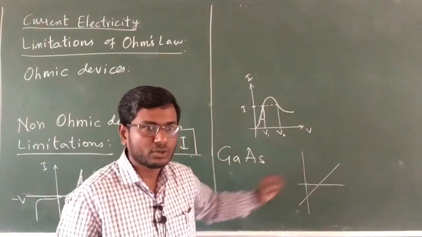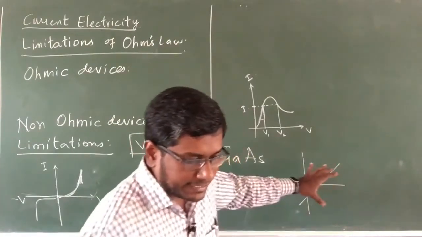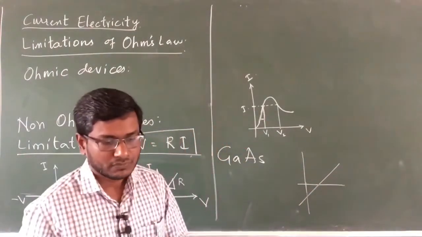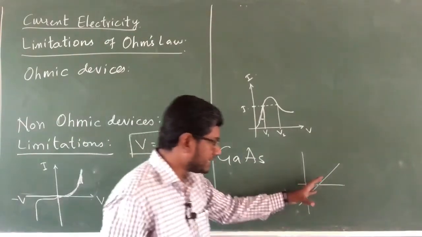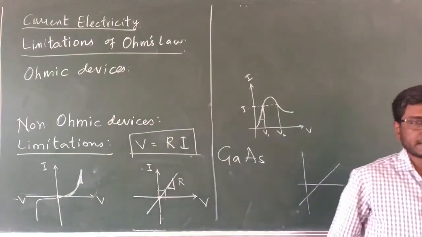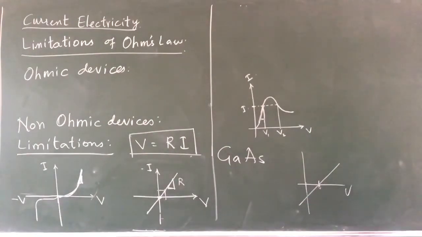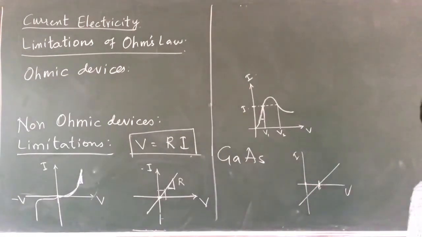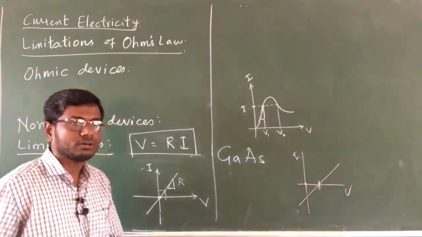In that case also Ohm's law is going to fail, and that kind of situation arises in a particular setup called a water voltmeter. In this case, it is not going to pass through the origin. For a zero value of potential we have some different value, and for a zero value of current we have a particular value of potential. So in that case, again Ohm's law fails.